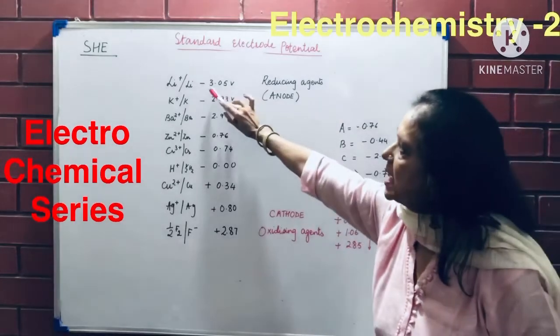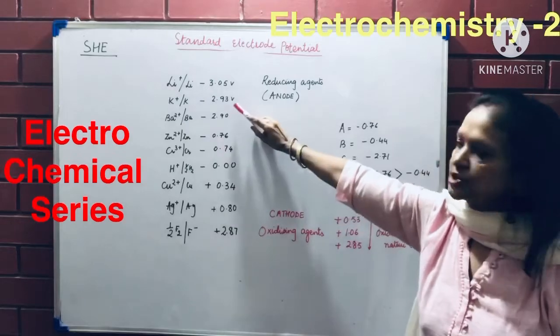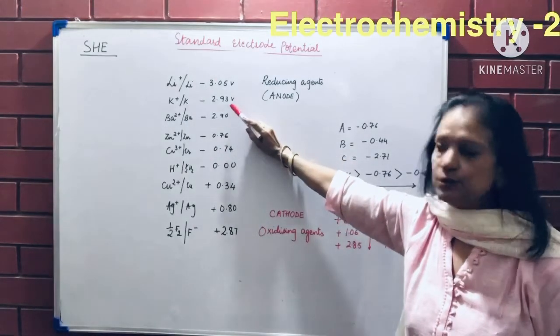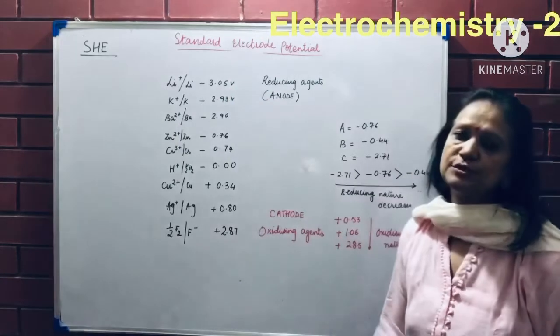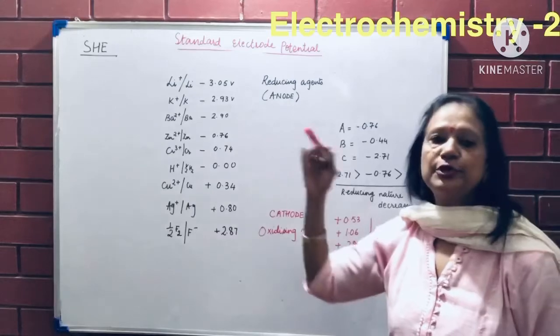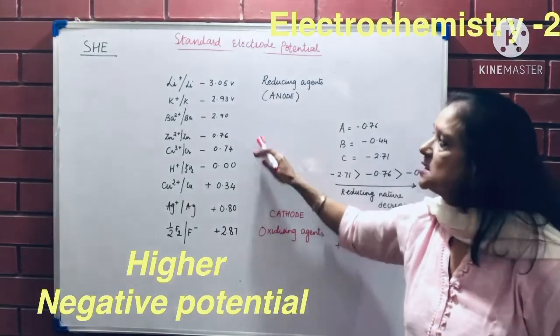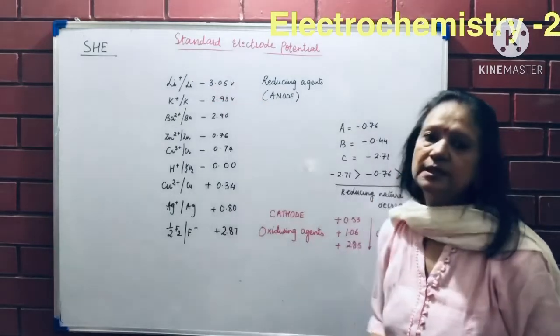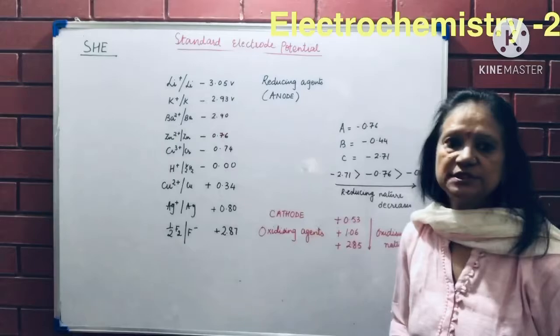Now, the metals on the top have reduction potential in negative values. The higher the negative value, the more reducing property it has. So the higher the negative potential of a substance, we say that metal is more active and can displace the one which is below it.